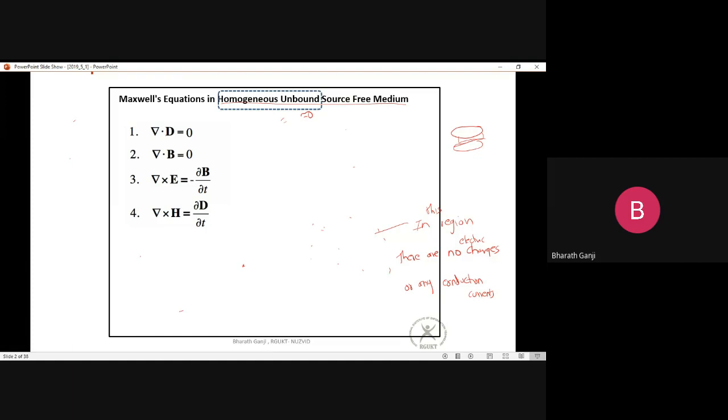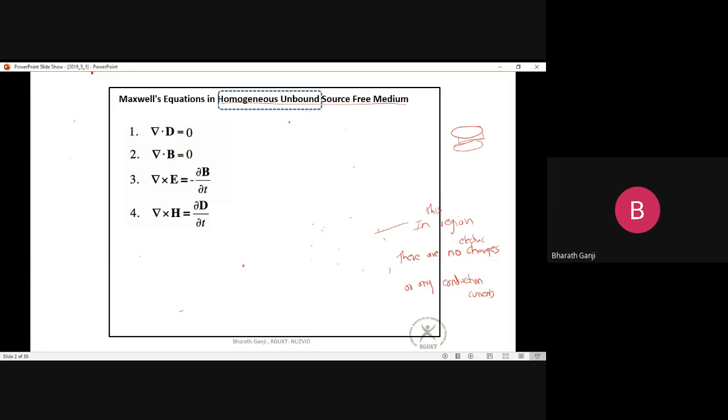So instead of worrying about those things right now, for the analysis purpose and to make the analysis easier, let us try to calculate the fields in a homogeneous region, that means everywhere you have the same region, and I'm saying it is unbounded.